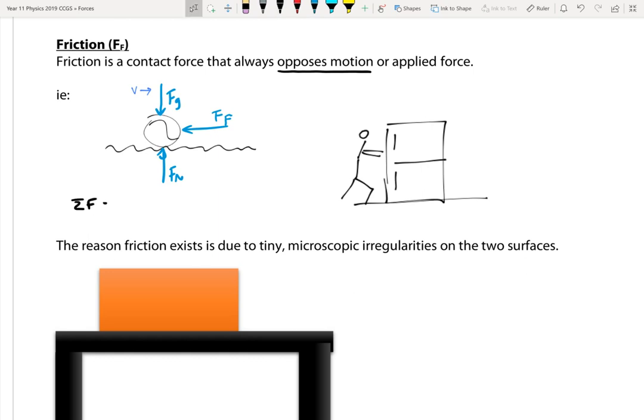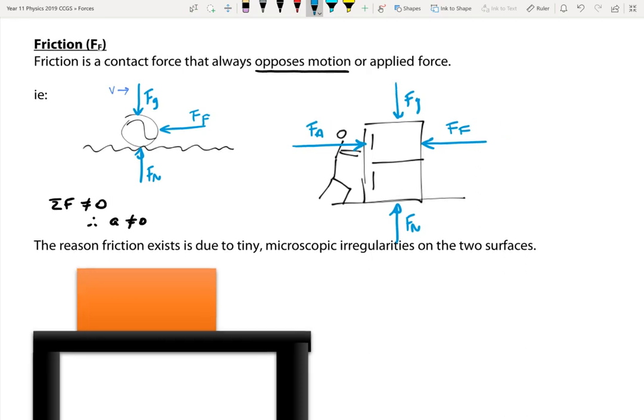So this is an example of the sum of all forces not equaling 0. Or you can have it in applied force. So here, weight of the fridge, the normal force of the surface pushing back. If I now apply a force here, providing I'm not overcoming the limit of friction, there would be a backwards force of friction.